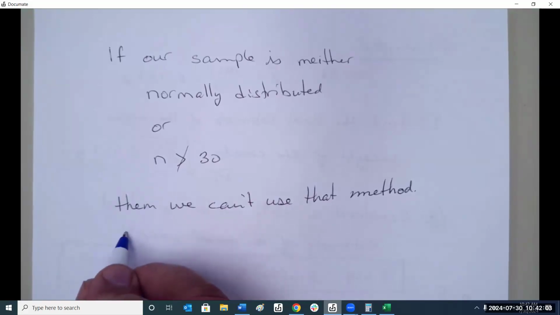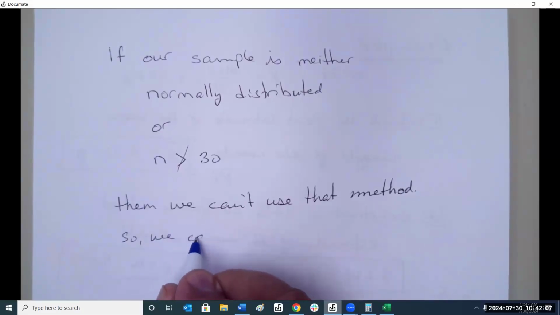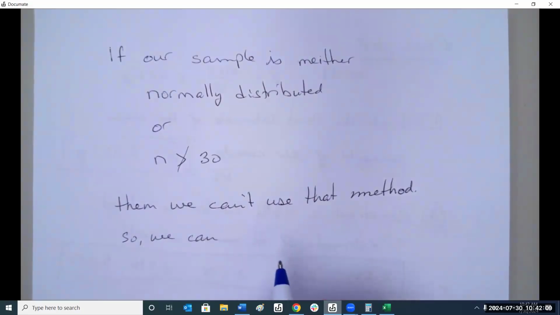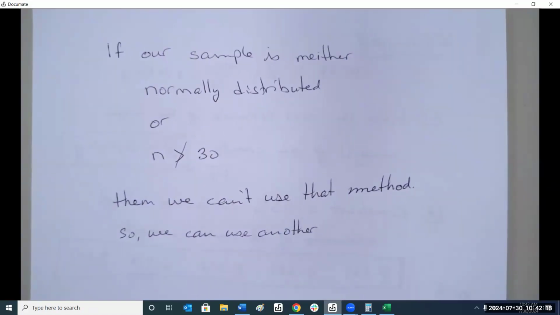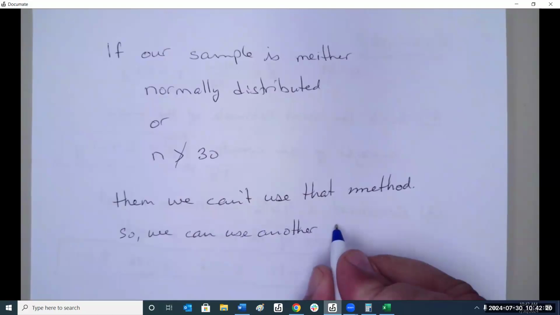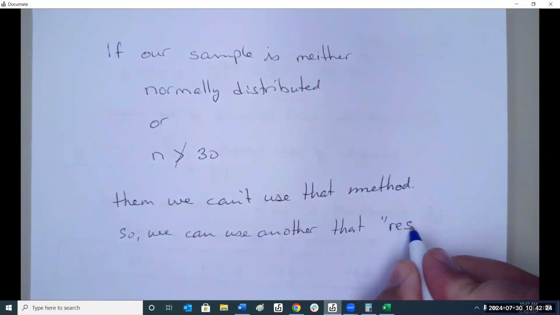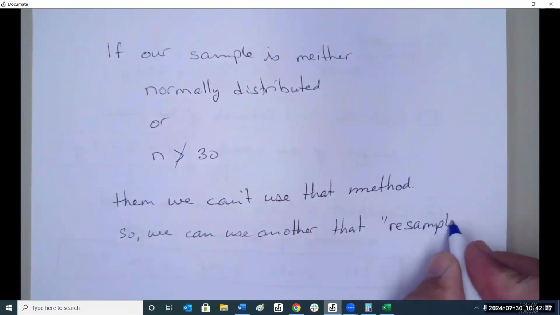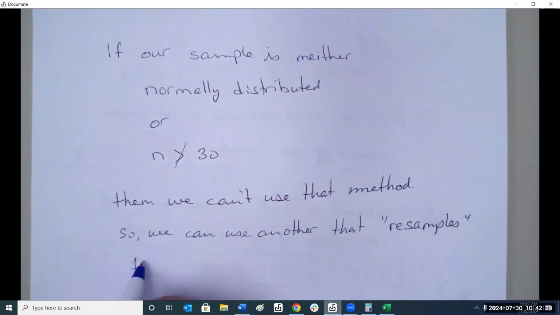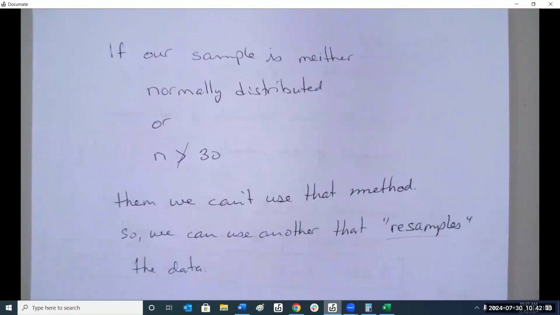So we can use another method that's called resampling the data. This is in quotes.